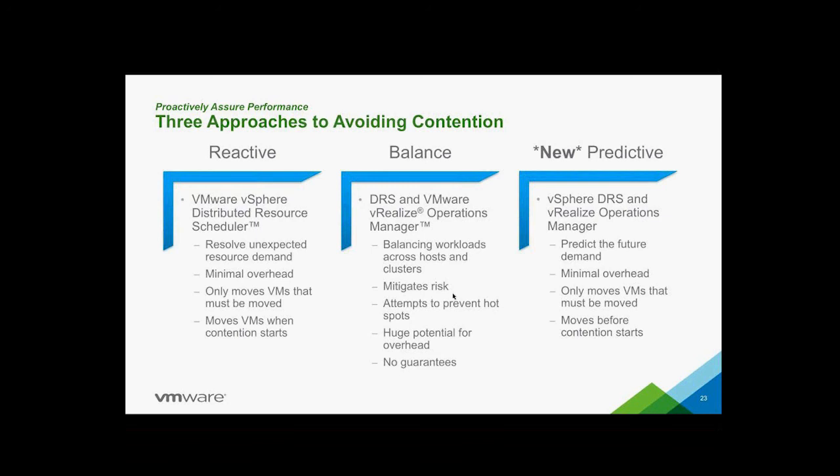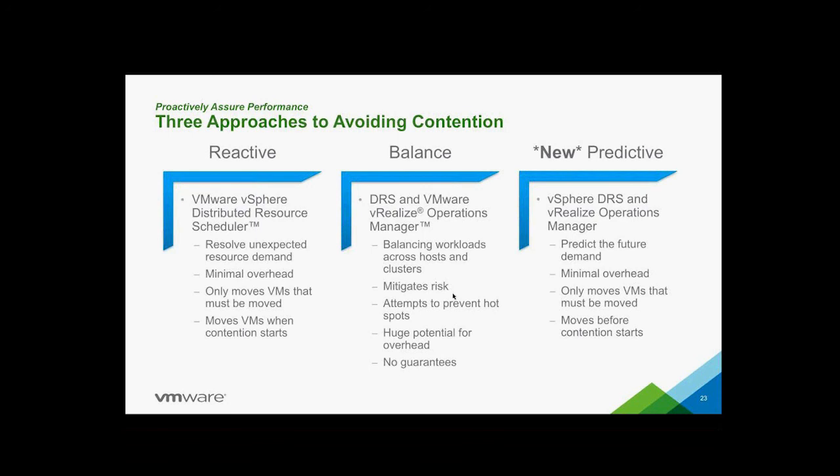The first, in a vSphere environment, is the vSphere Distributed Resource Scheduler, which is DRS, which we are aware of, right? It is a reactive approach which makes sure that if you see contention going on in a cluster, you run an algorithm every 5 minutes to relieve the cluster or the host from that contention by moving the virtual machines around within that cluster. So cluster is the boundary for DRS.